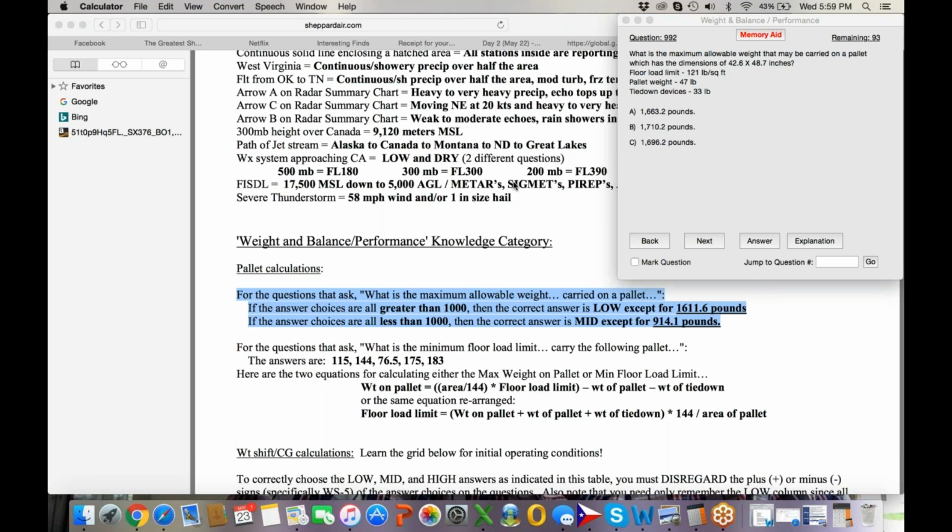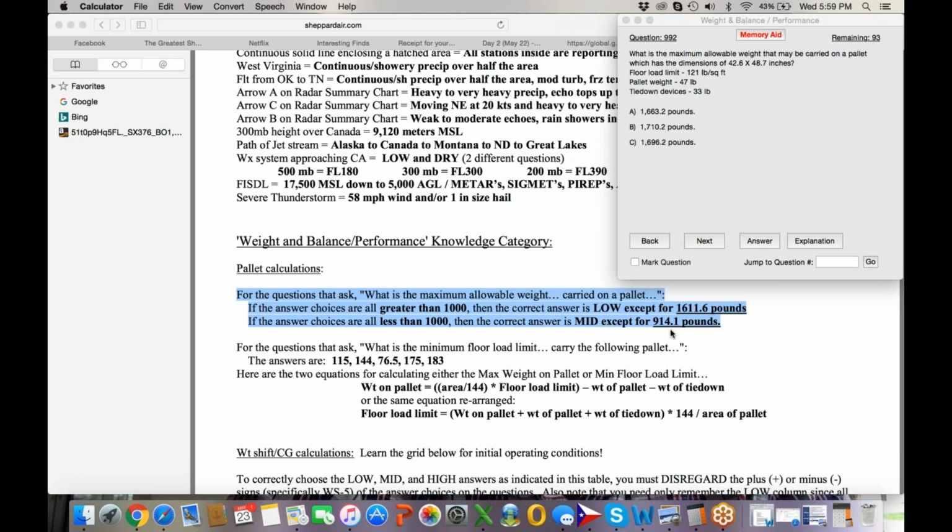So, either way, whatever floats your boat, do it the way that's going to work for you. But here's two examples of how to do it. If you can just memorize that all of them are the low answer except for 1611.6, or if it's less than 1,000 pounds, all the answers are the middle answer except for when you see 914.1.